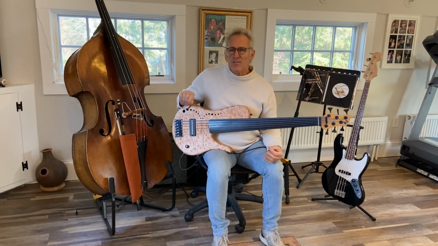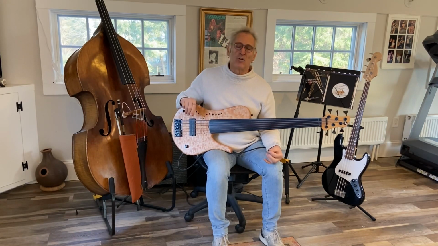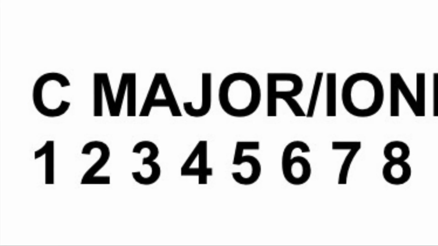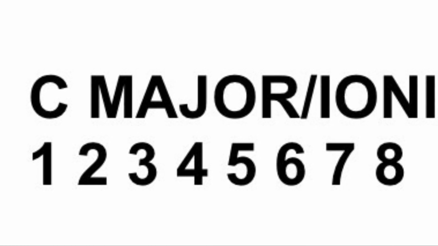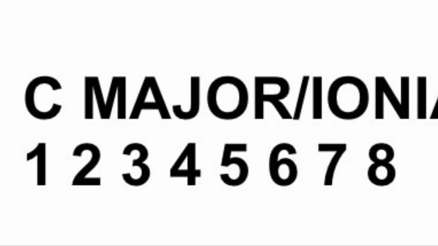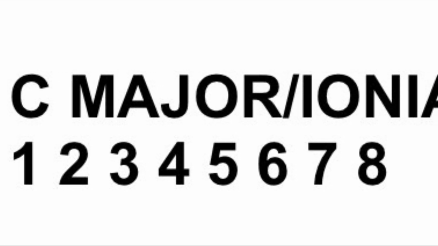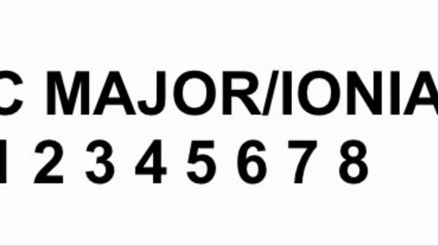So let's take a look at my approach now that we have these 4 modes under our belts. As you see on the sheet of paper, I have all 4 modes listed. And beneath each mode, I have the numbers. So if we're looking at C Ionian, C major, it's 1, 2, 3, 4, 5, 6, 7, 8.